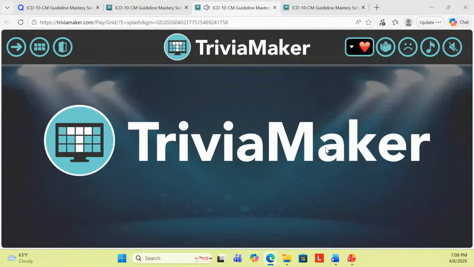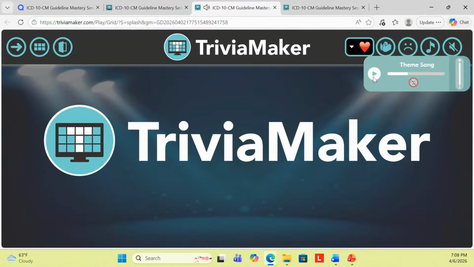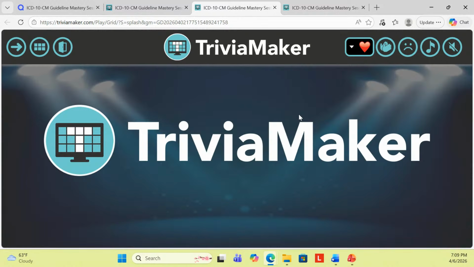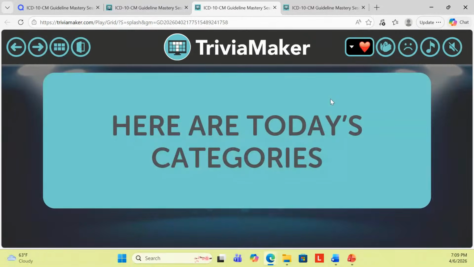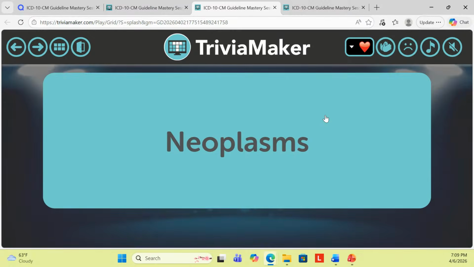Okay, so anyways, we're just going to play it this way, and you can just put your answers in the chat. The neoplasms aren't really separated into specific categories, so all of these categories are just going to be neoplasms. Nothing crazy.